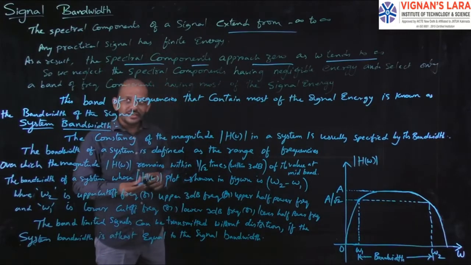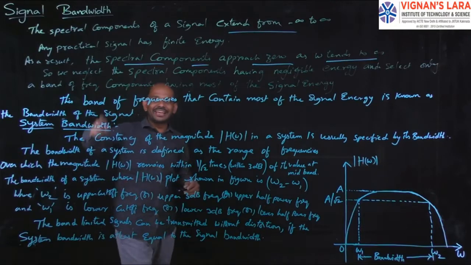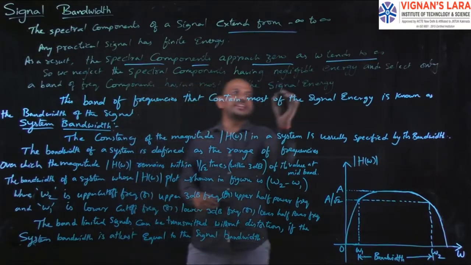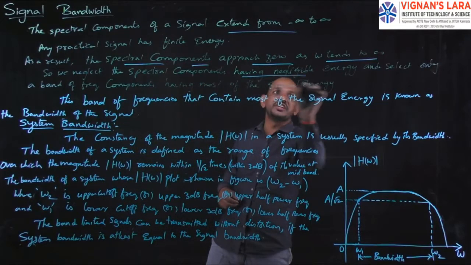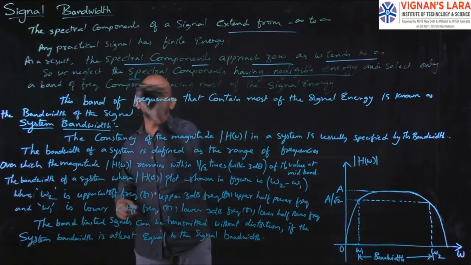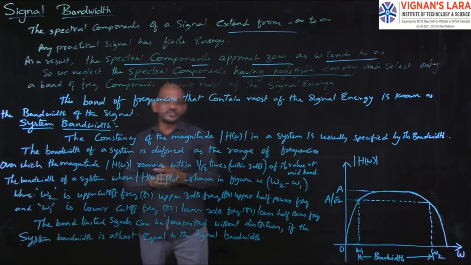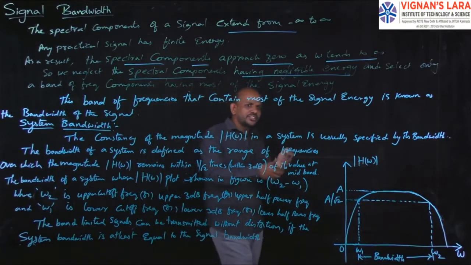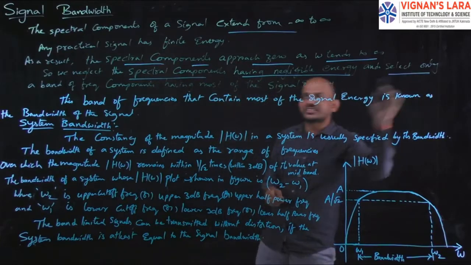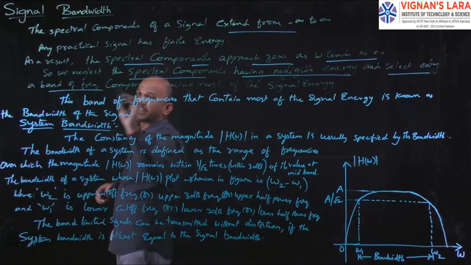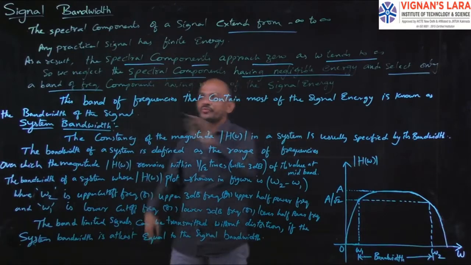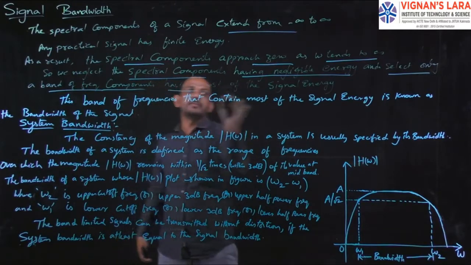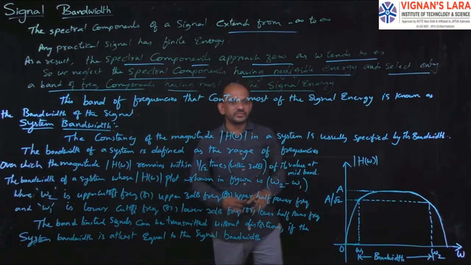So here, we will neglect the spectral components having negligible energy. The components with very little energy we will neglect, and we will select only a band of frequency components having most of the signal energy.